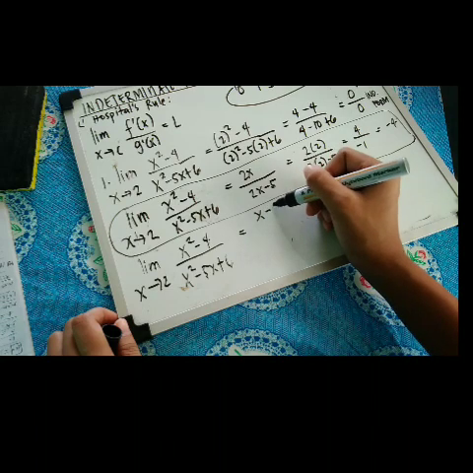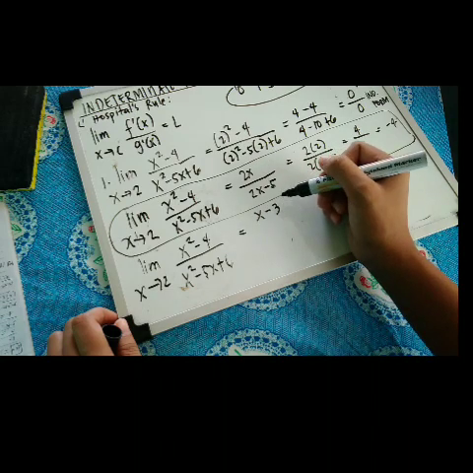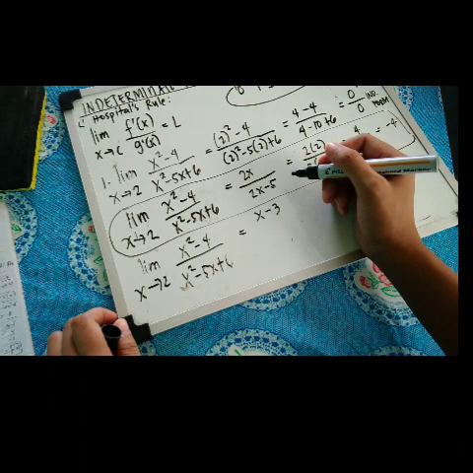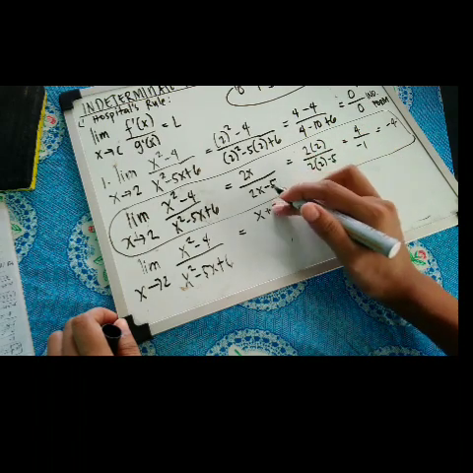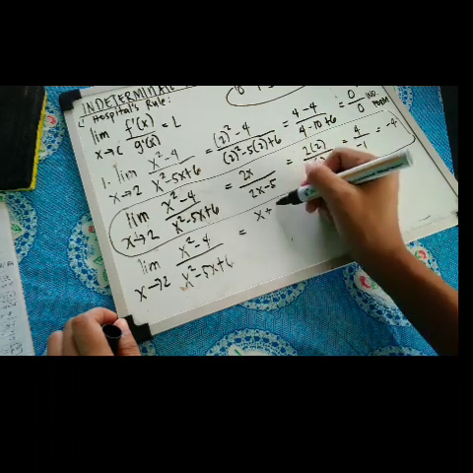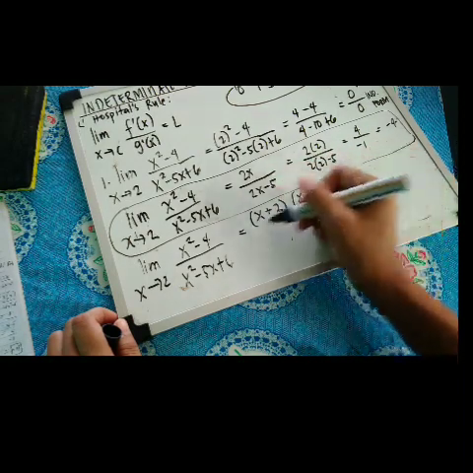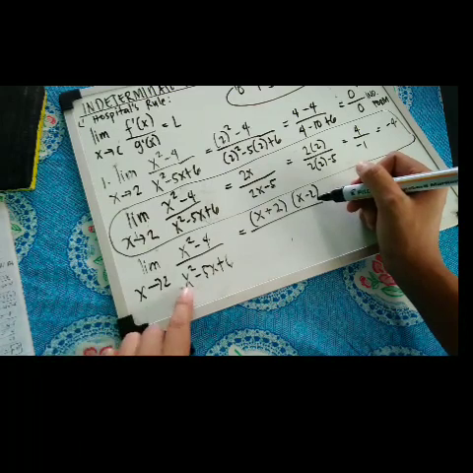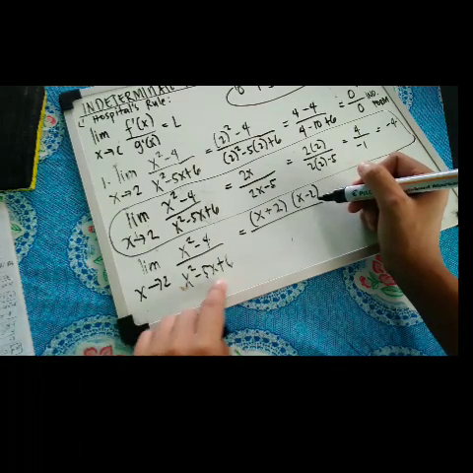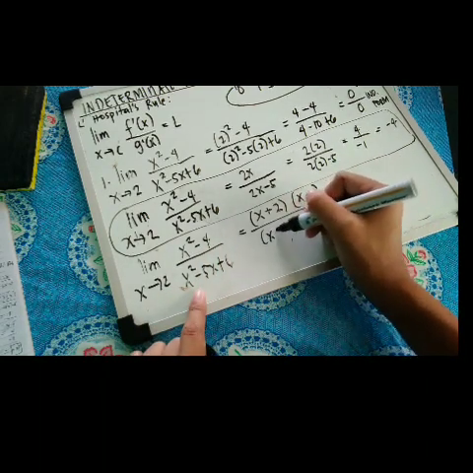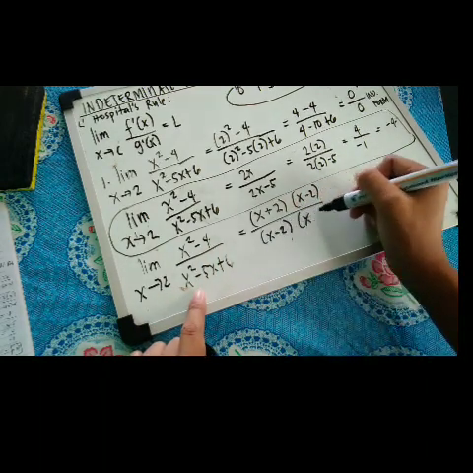For x squared minus 4, we have x plus 2 times x minus 2, divided by the factors of the denominator, x minus 2 and x minus 3.